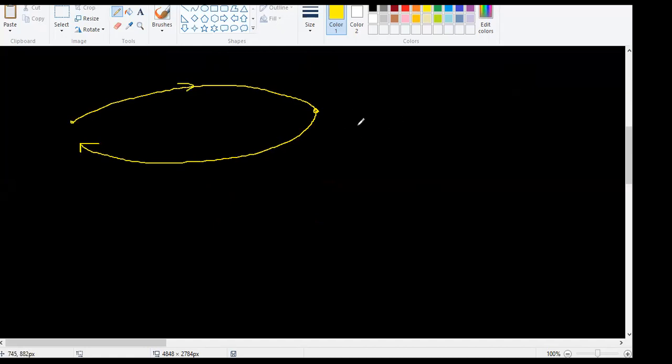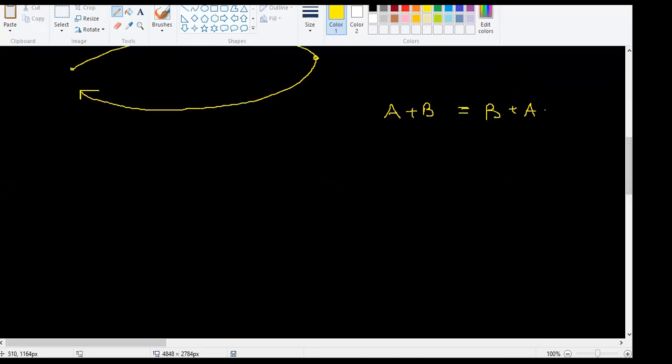So commutative means if I say A plus B, is it the same as B plus A? If this is true, then we say the operation is commutative. If it is not true, then we say it's not commutative. In the case of vector addition, it is commutative. How do you prove that? A vector plus B vector is equal to B vector plus A vector.